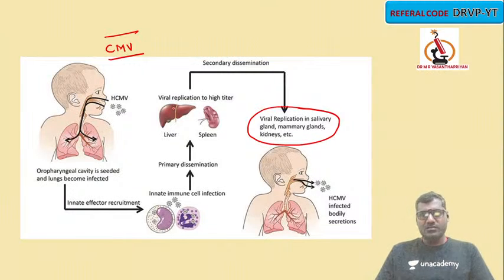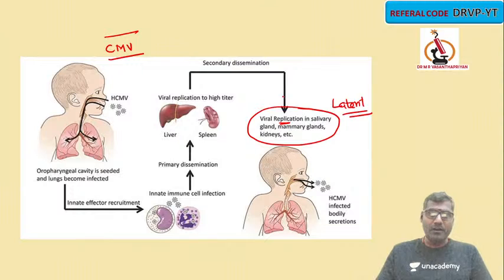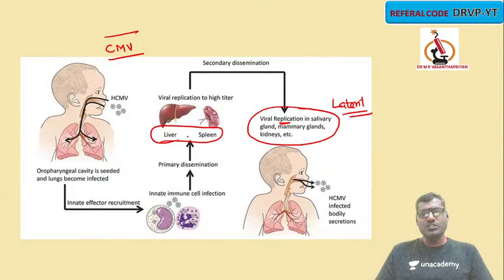So the virus is latent in the salivary glands and the kidney. Then the virus replicates to make the disease later on. The primary infection involves the reticuloendothelial system, and the liver and spleen get involved. Later on, it goes latent in the salivary glands and the kidneys.